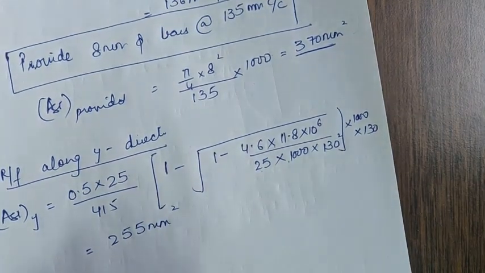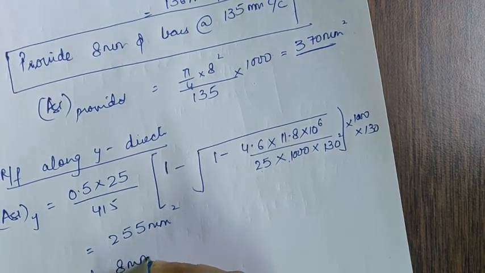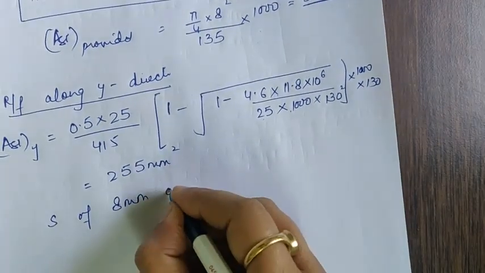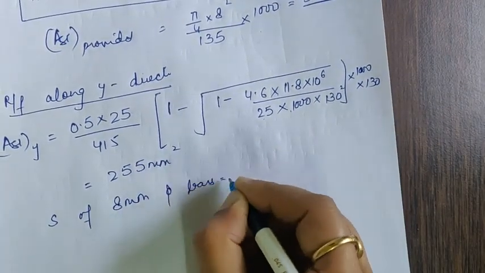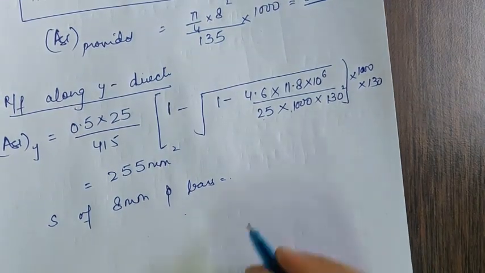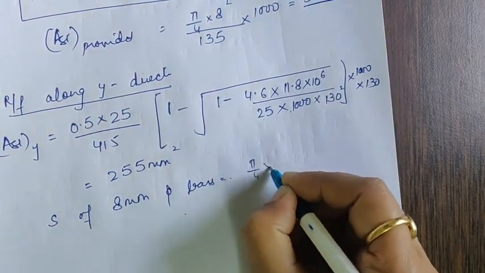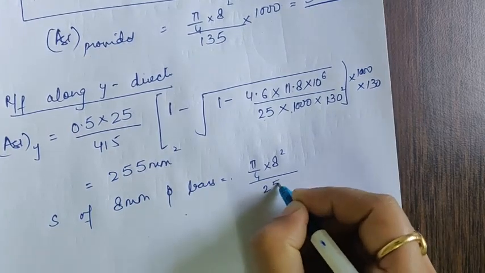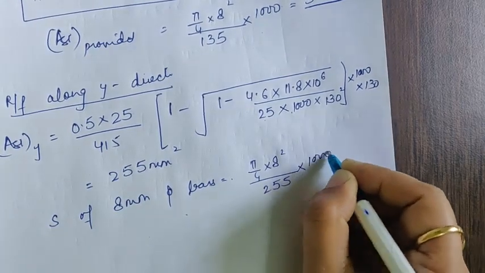Again, if I am providing 8 mm dia bars, the value will become pi by 4 into 8 square upon 255 into 1000.